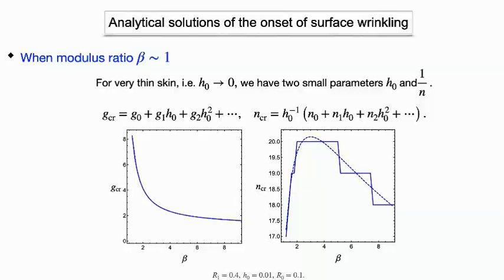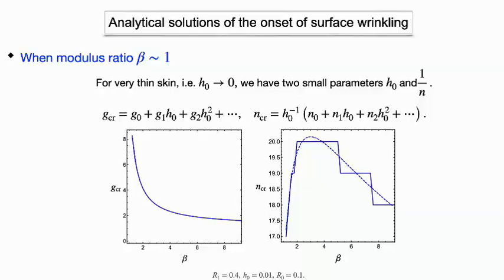You can solve it, and you get this. You find a very, very good agreement, especially for the wave number, right? And this gives you a very interesting order relation. You know that the wave number is proportional to the inverse of the thickness.